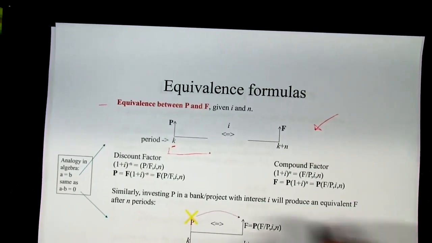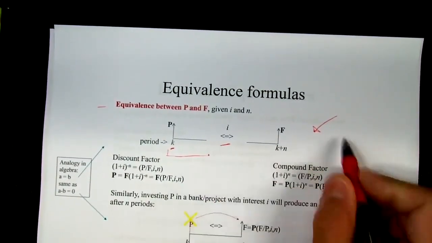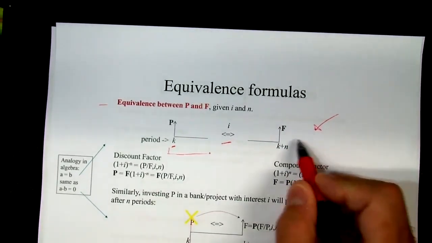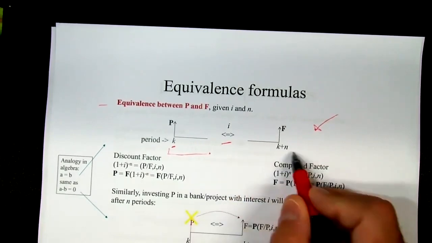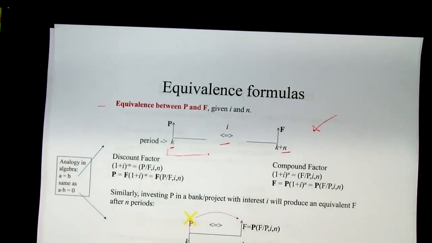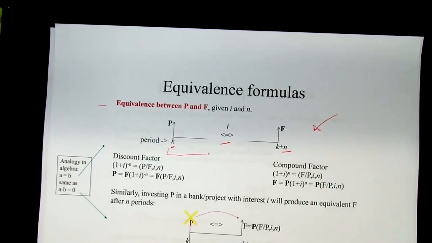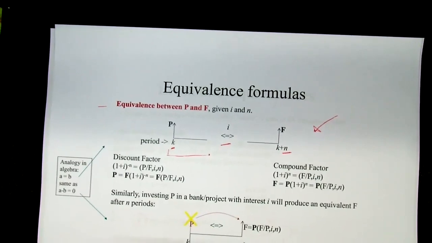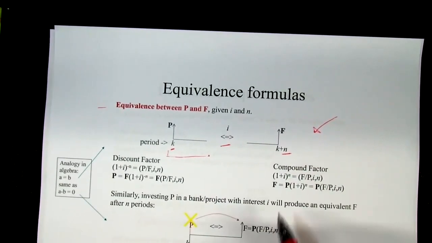The equivalent future amount with respect to P is defined with another cash flow placed n periods after that. I'm not saying anything new. I'm just representing in a graphical way what I showed you earlier in the table. So I mentioned I will introduce some notation.